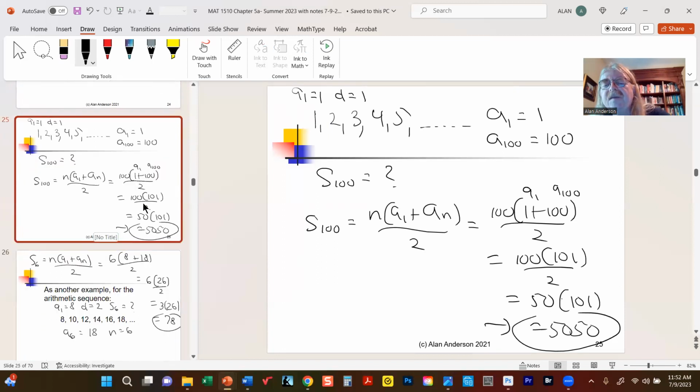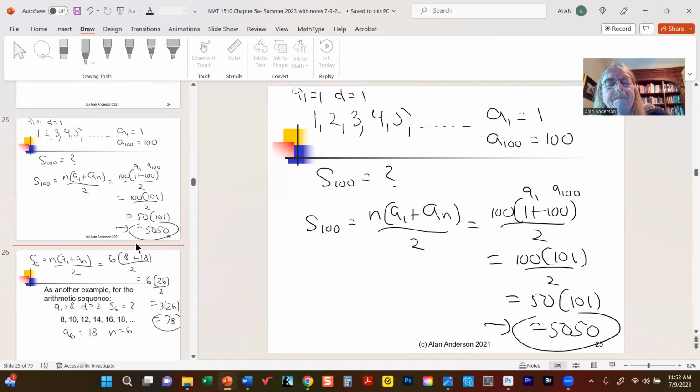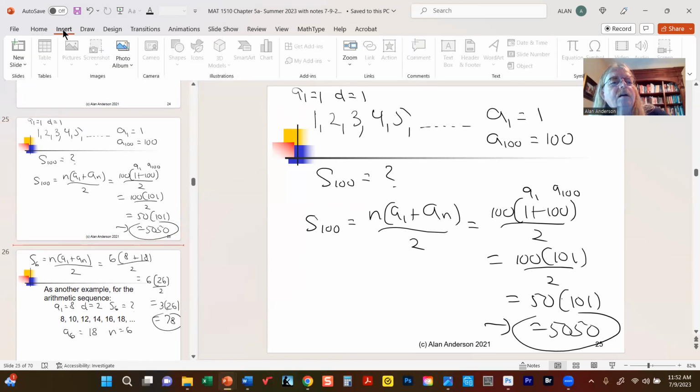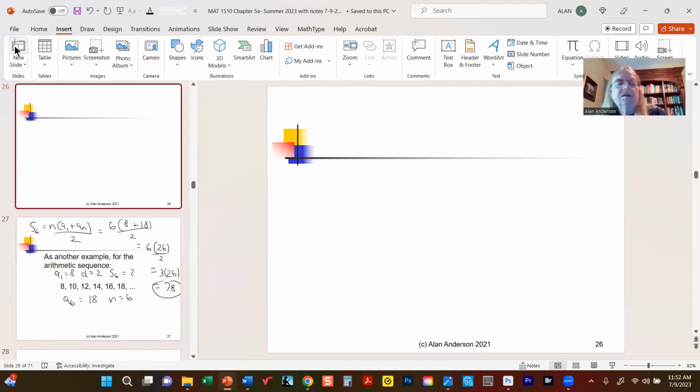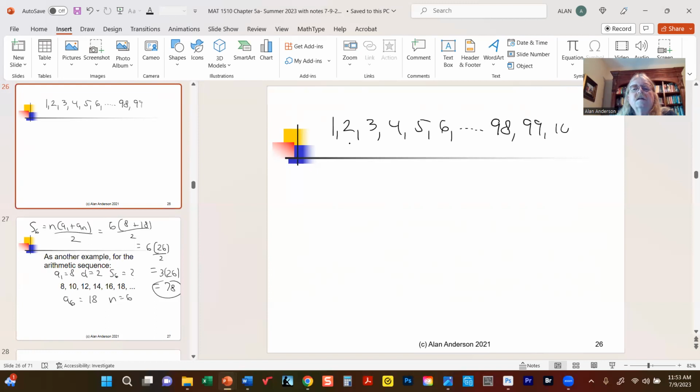Now, by the way, there's an interesting reasoning behind this. Let's take a quick look. Here's your first 100 terms. So we already saw that the sum of the first 100 is 5,050.